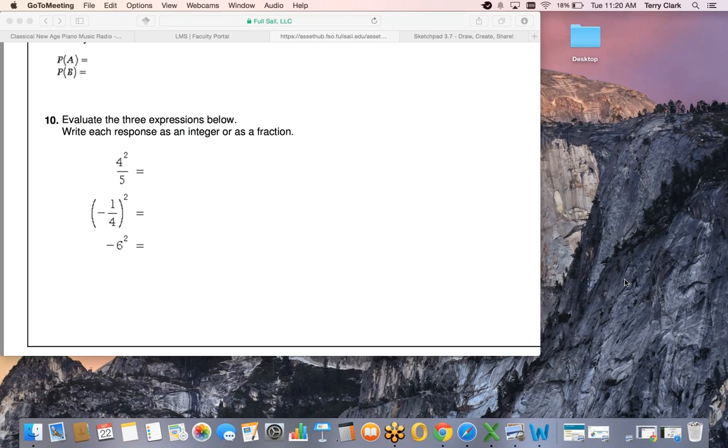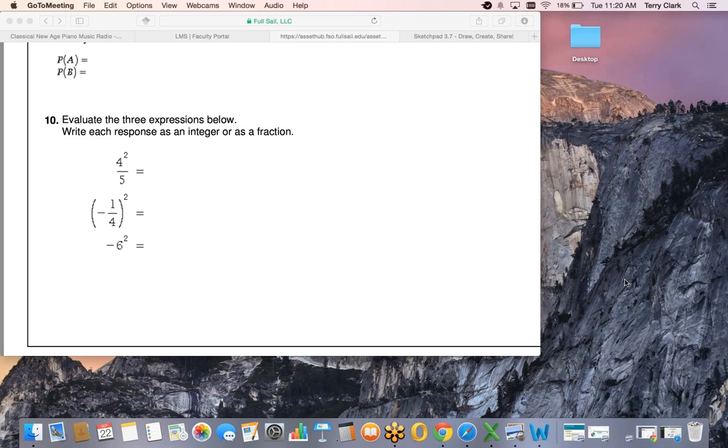Okay, and you're going to see it here. One of these will give you a positive 36, and the other one will give you a -36. The second one's not inside parentheses, so watch it. Now, the one in the middle, negative 1/4 raised to the power of 2.